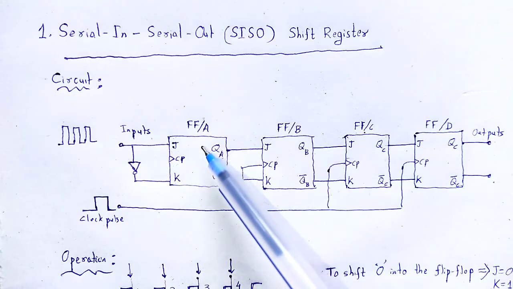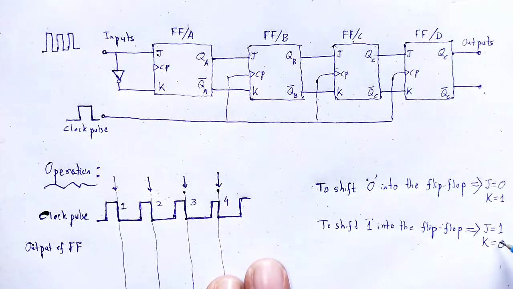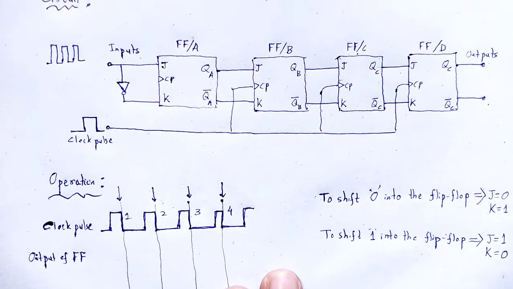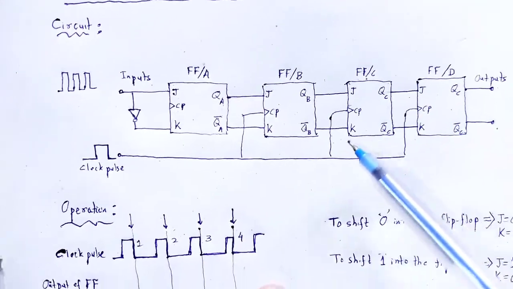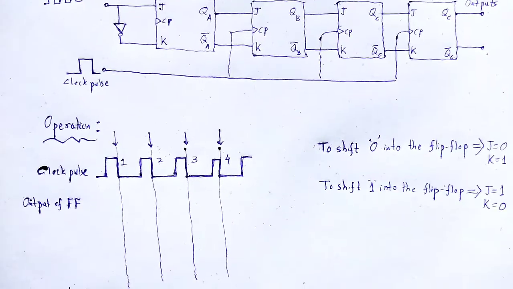Flip flop A is given J is equal to 1 and K is equal to 0 at the beginning, and all the operations can be understood in the graph. Let me show that graph.